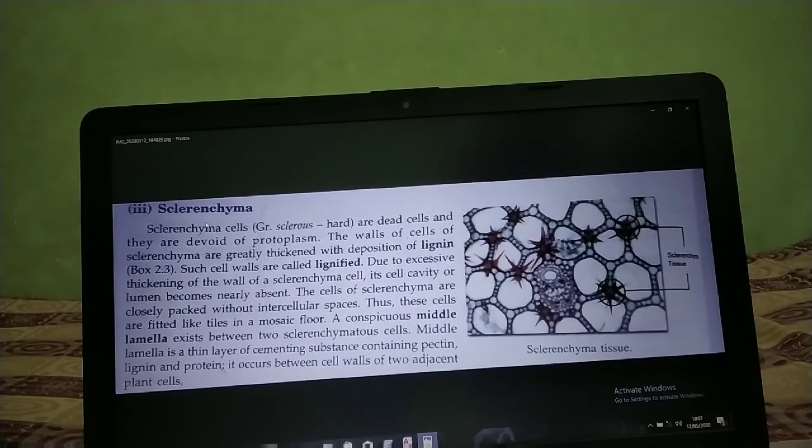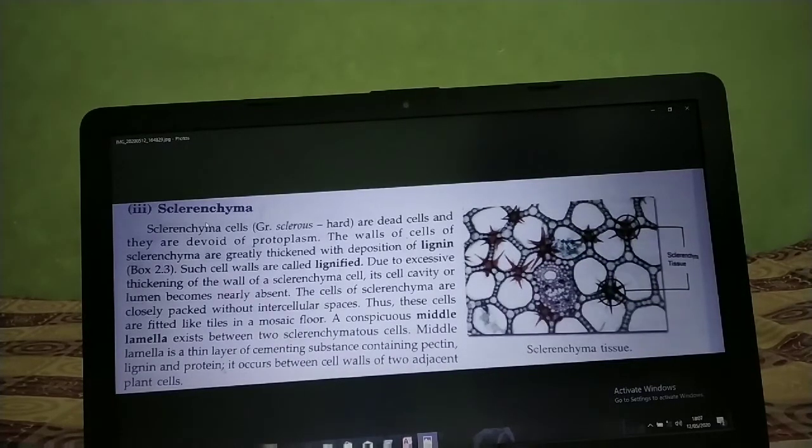Thus, these cells are fitted like tiles in a mosaic floor. You can see in your mosaic floor how tiles are fitted. In such a way, this sclerenchyma tissue is also fitted here, like tiles.